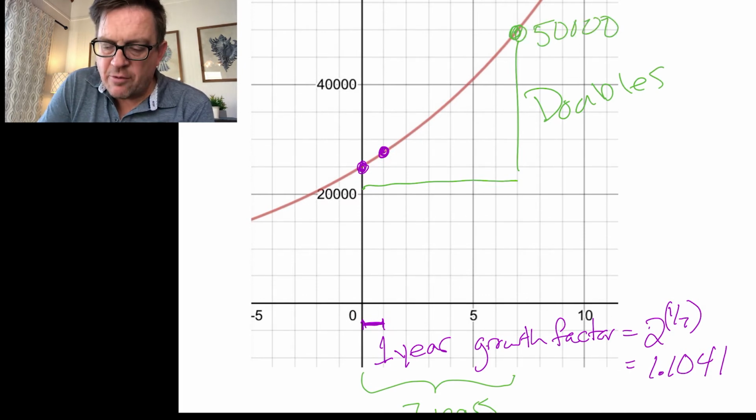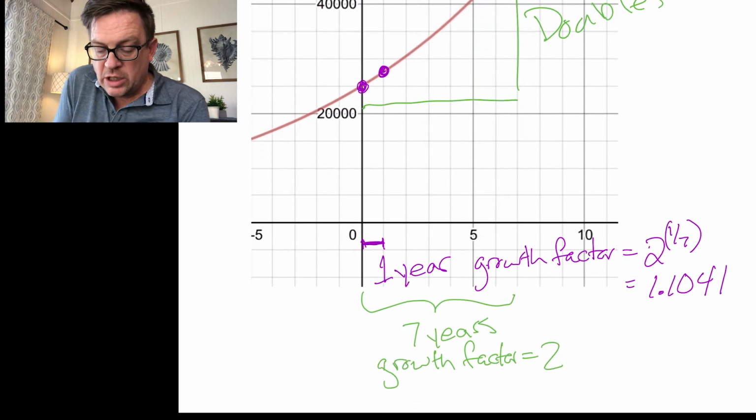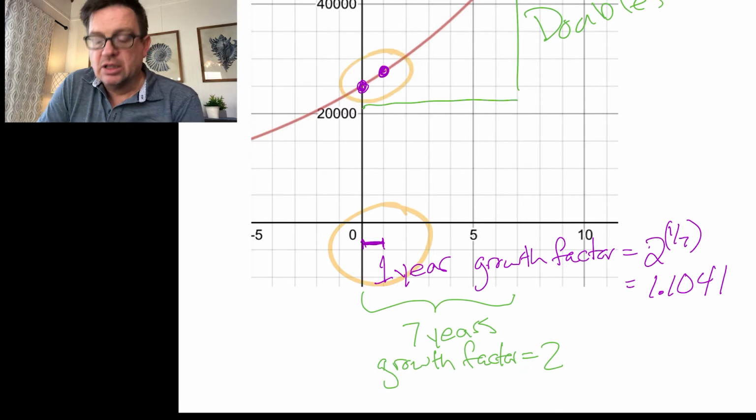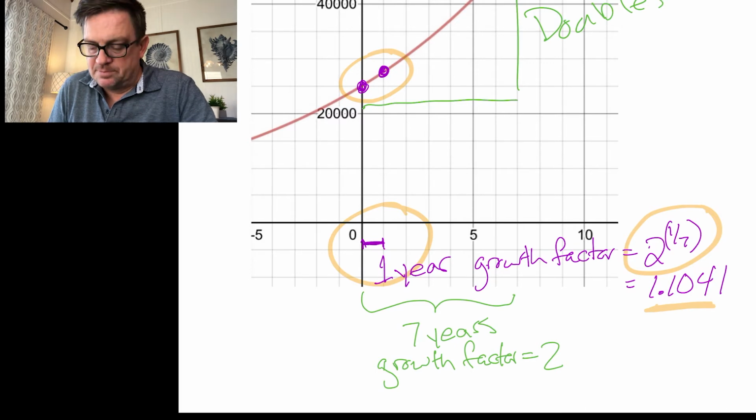What happens in just a fraction of that time? In 1 year, down here, we go up a little bit, by a fraction of that factor of 2. If it is only 1/7 of a period, we only go up by 1/7 of a factor of 2. And that happens to be 1.1041.